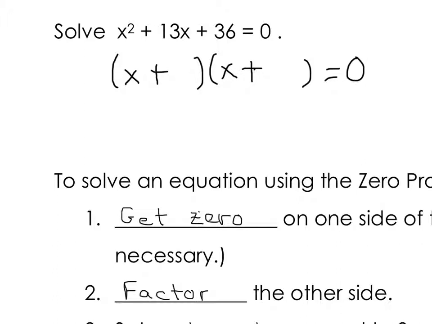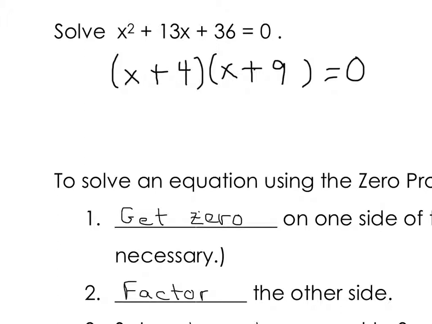Which two factors of 36 do we want to use? 4 times 9, and that gives us an outside of 9x and inside of 4x. That gives us our middle term of 13x. So now we're multiplying these two numbers together. X plus 4 represents one number and x plus 9 represents another.